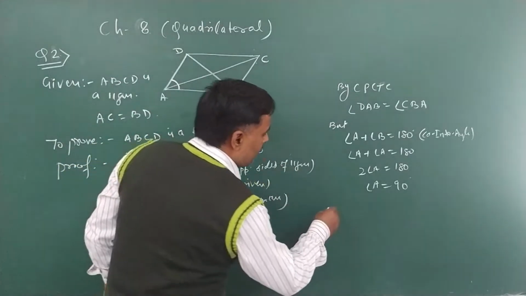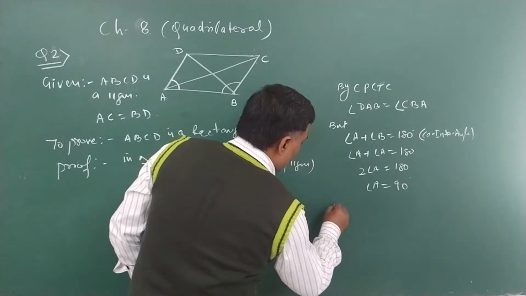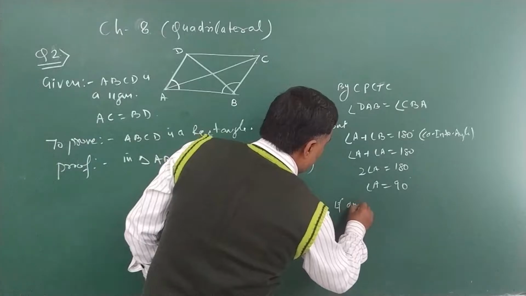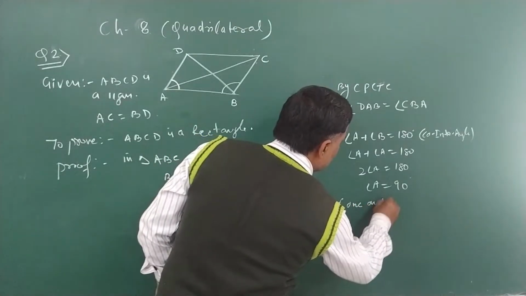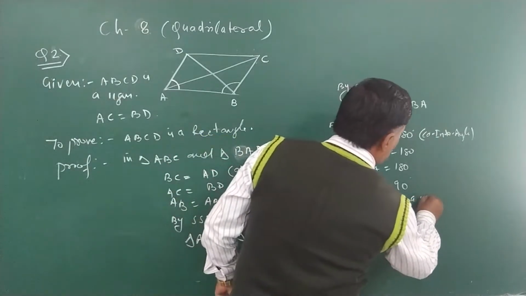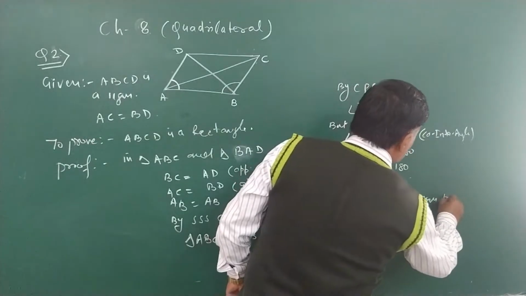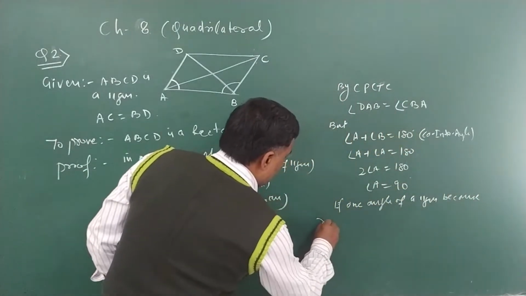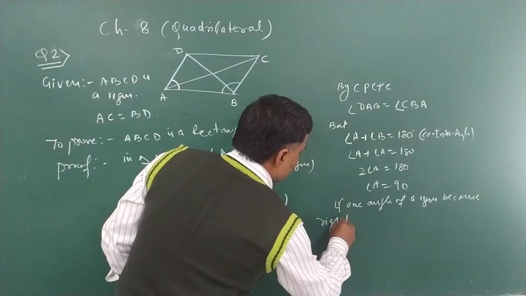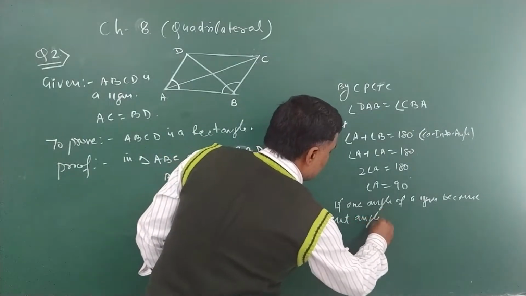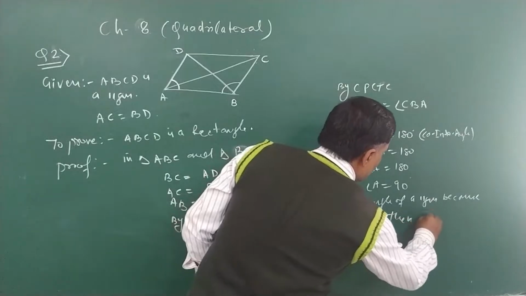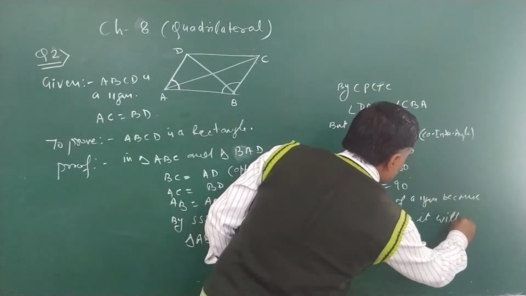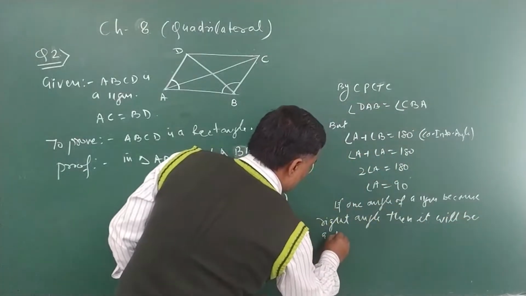So we can say if one angle of a parallelogram becomes a right angle, then it will be a rectangle.